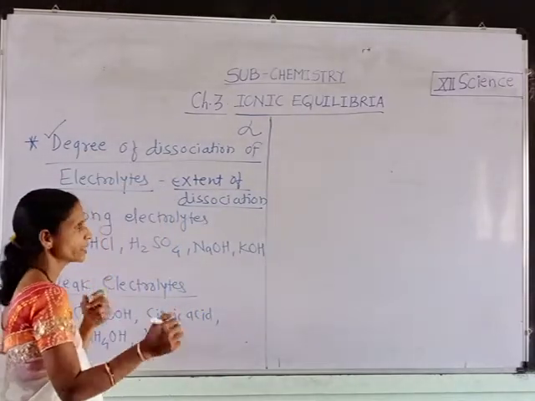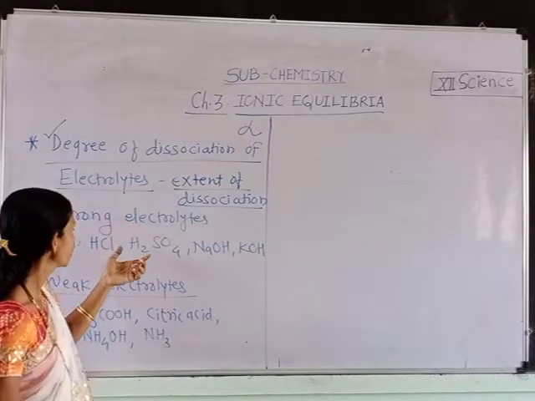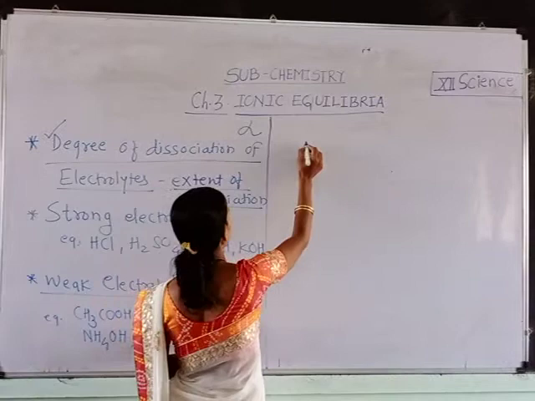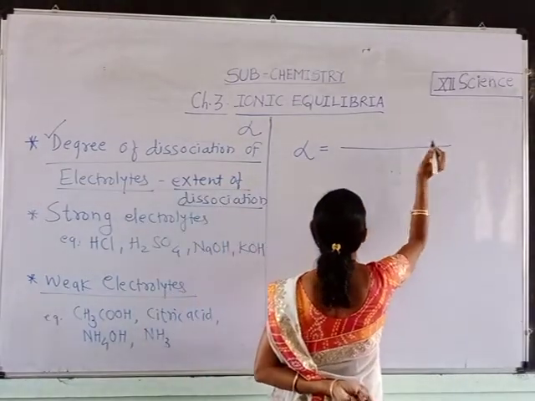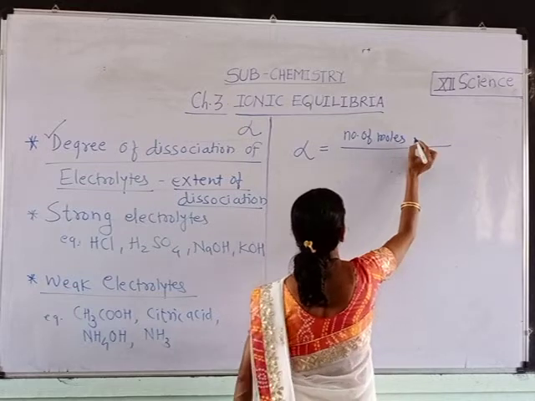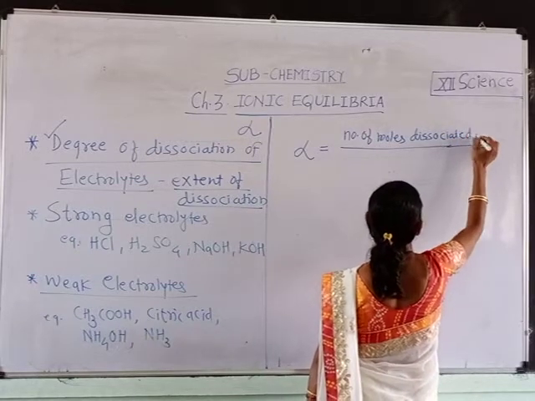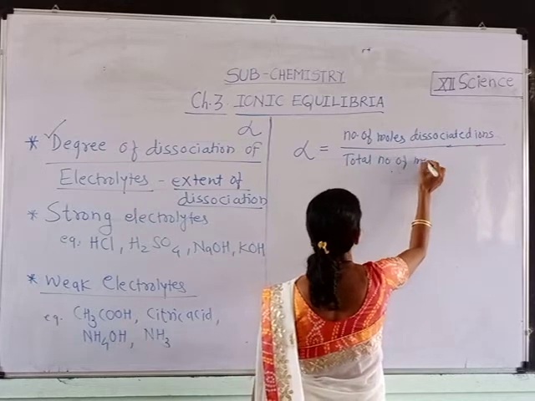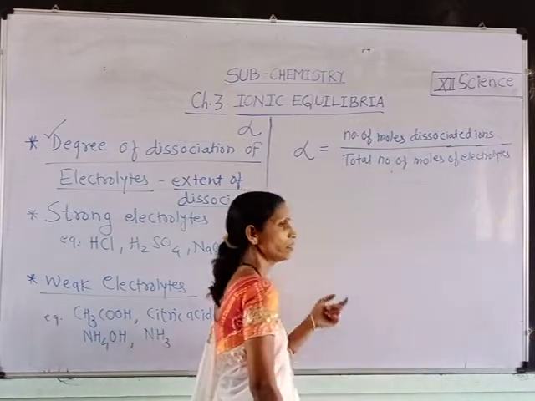See here, for example, if we have to calculate the degree of dissociation of a strong electrolyte, weak electrolyte or any electrolyte, then we use the formula: alpha is equal to the number of moles undergoing dissociation into ions upon the total number of moles of electrolyte.